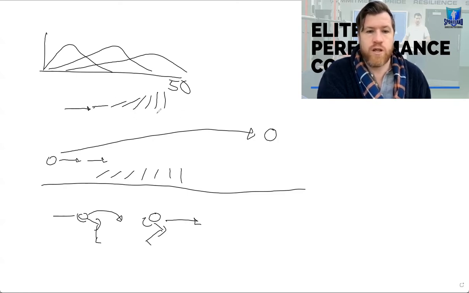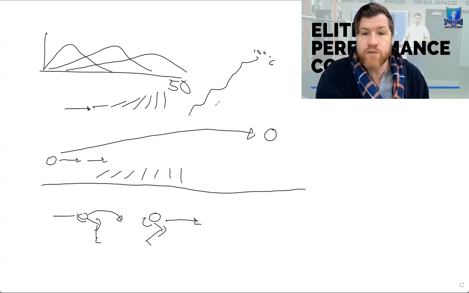That's what we're trying to achieve, because if you can climb through your gears, we're climbing up this mountain of sprint, and we're trying to get to that 100%, that max velocity.